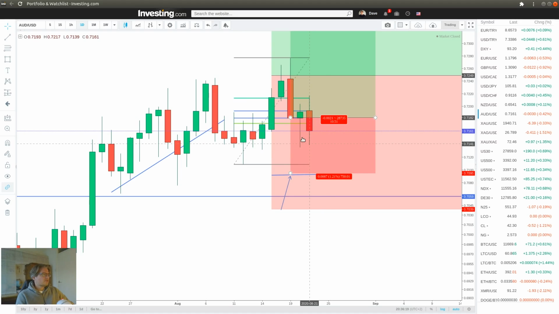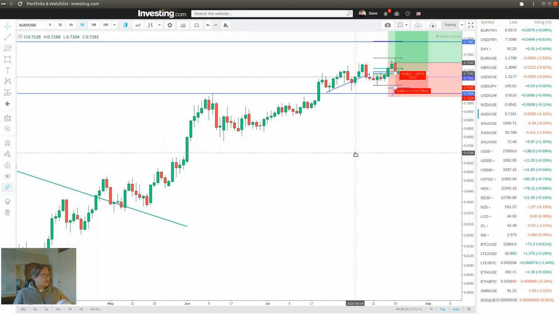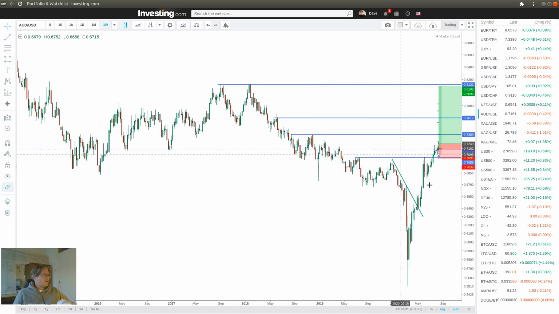So let's see if that will play out, because we do have this very strong trend to the upside, and I want to see if I can at least get up to this level here, but maybe you can get up all the way back to this level.